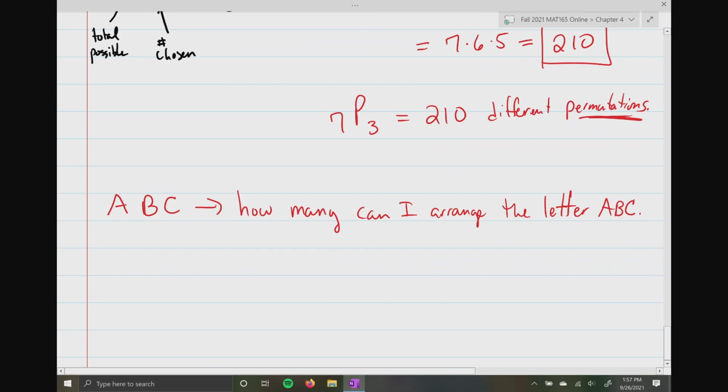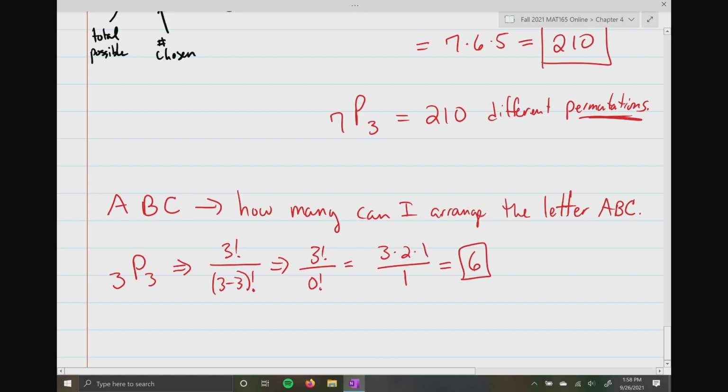Well, if you think about this, what we have are 3 letters that we're picking. And in this case, order matters because I want to arrange these letters. And I'm choosing 3 letters. So if you were to do the math here, you would get 3 factorial over 3 minus 3 factorial, which is 3 factorial over 0 factorial. We know by definition, 0 factorial equals 1. So this is just 3 times 2 times 1 over 1, or just 6.